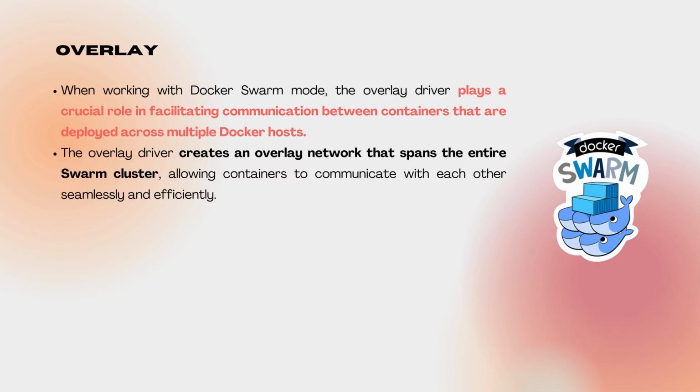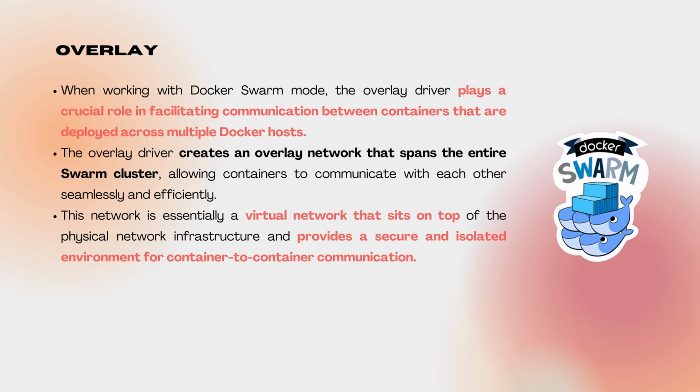The overlay driver creates an overlay network that spans across the entire Swarm cluster, allowing containers to communicate with each other seamlessly and efficiently. This network is essentially a virtual network that sits on top of the physical network infrastructure and provides a secure and isolated environment for container-to-container communication.